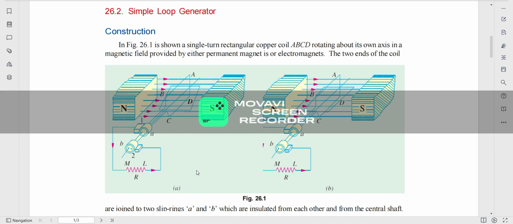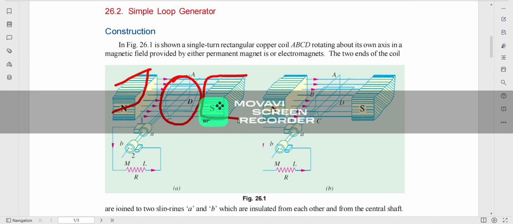We already know the essential components of a DC generator are a magnetic field, a group of armature conductors, and, as per Faraday's law, there should be motion between the conductor and the magnetic field. So here in this diagram you can see that we are representing a single conductor. ABCD is our conductor, and this is our north-south magnetic field.